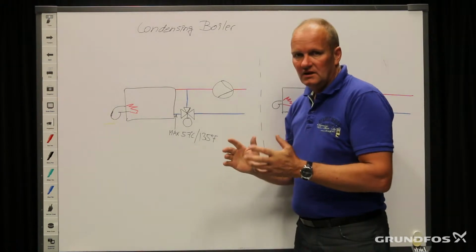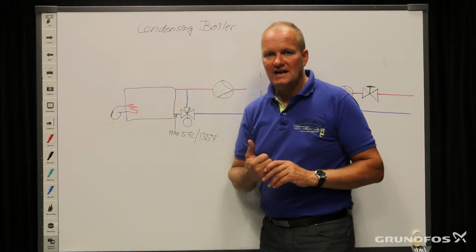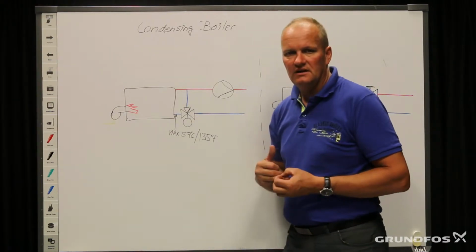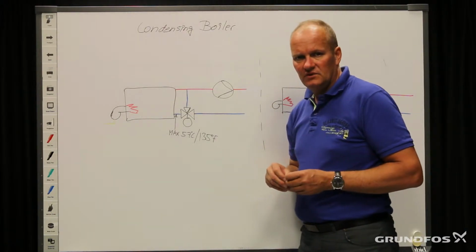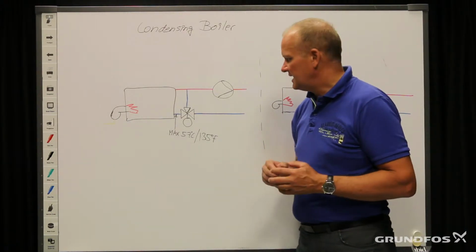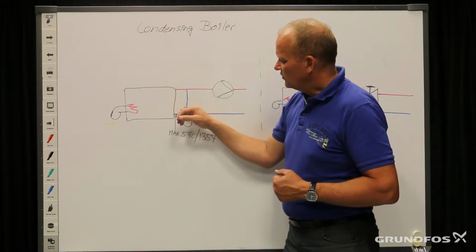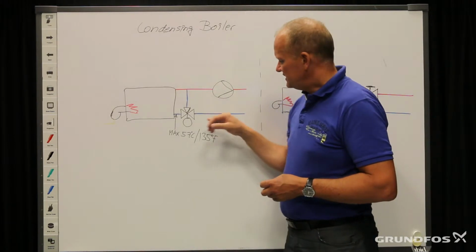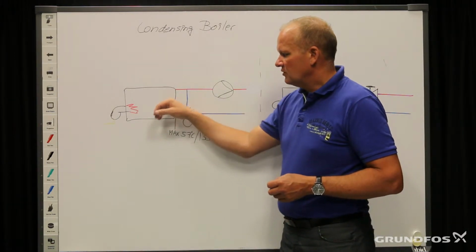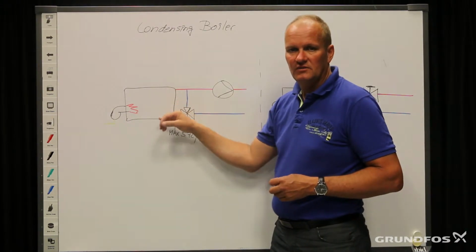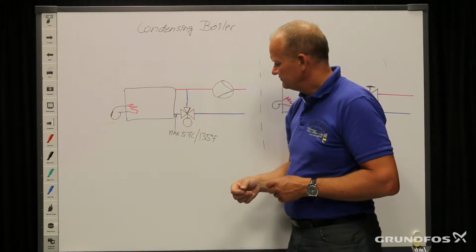In that way, we kind of harvest the last part of energy which is captured in the flue gas. But there's one important element which needs to be in place for that to happen, and that is the return temperature of the water going back to the boiler, because it's actually this return water which should give the cold surfaces on parts of the boiler where the flue gas needs to condensate.